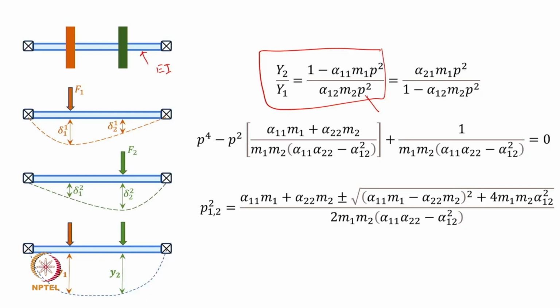When you use one of the two natural frequencies in this expression, you get the relative amplitudes of the two disks when they vibrate in that particular mode of vibration, principal mode of vibration. So, you will get two mode shapes, and those mode shapes are y2 over y1 at p1, and the other mode shape will be y2 over y1 at p2.